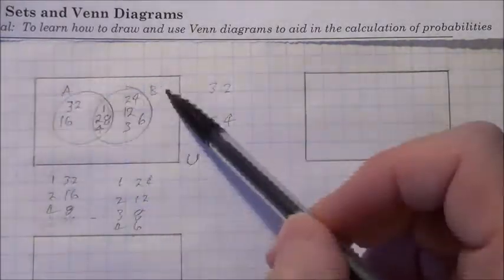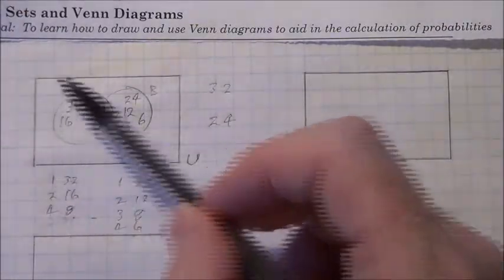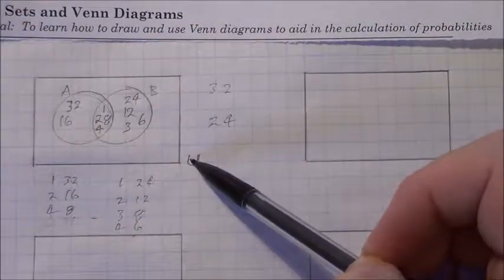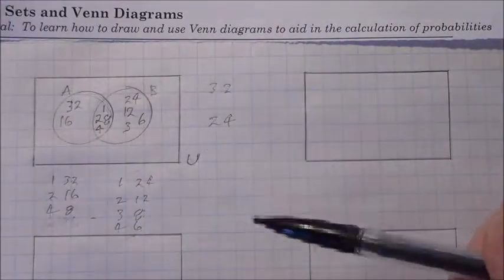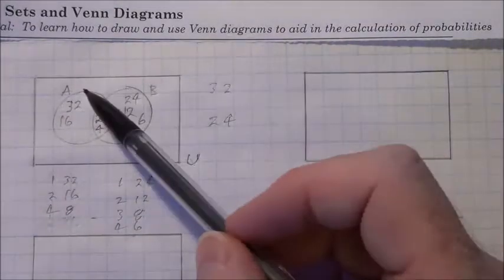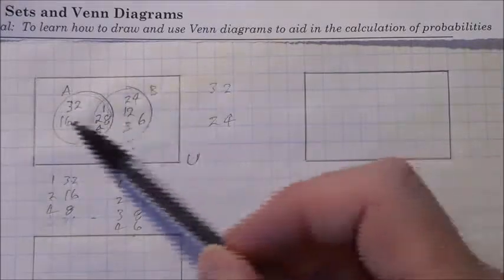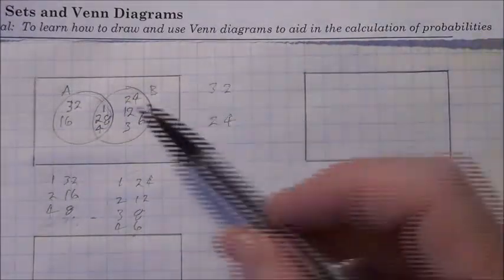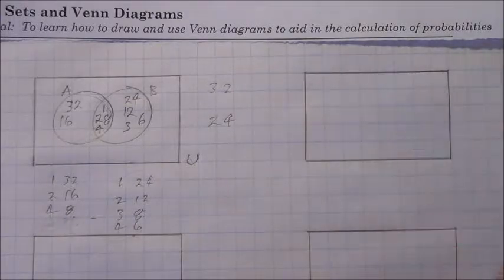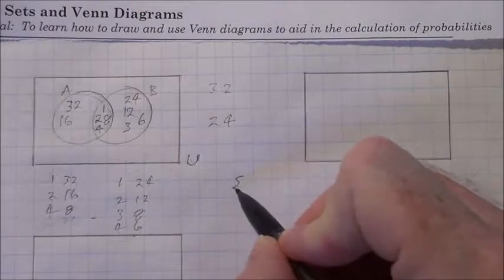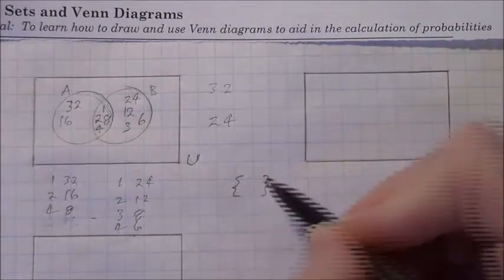This is the whole sample space that we're looking at, which is the universal set that represents every single outcome possible. And generally, the sets inside are represented by circles, as you can see here. When we're talking about set notation we would use what's called braces, these curly brackets.